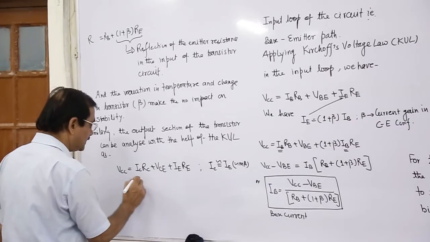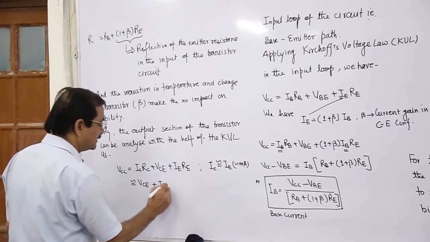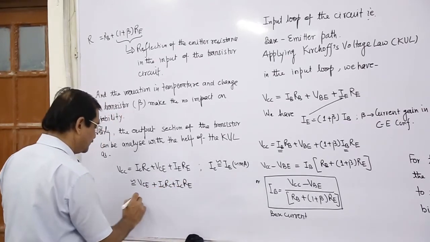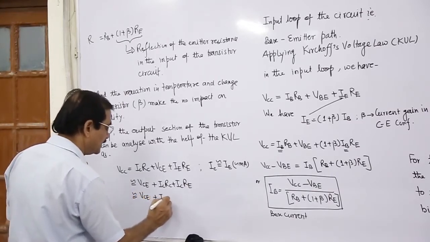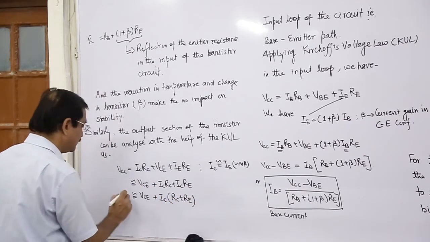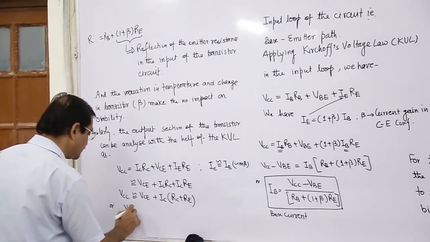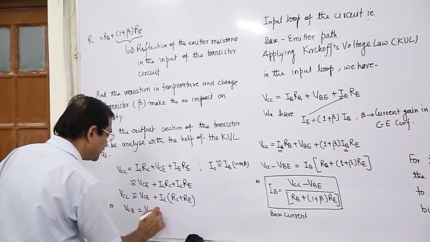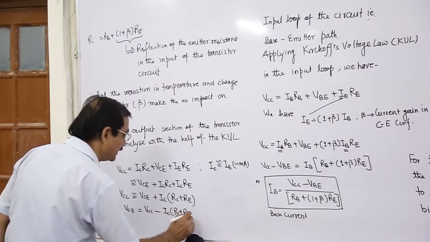So, this is VCE plus ICRC plus ICRE, that is VCE plus IC (RC plus RE) equal to VCC, or VCE is equal to VCC minus IC (RC plus RE).